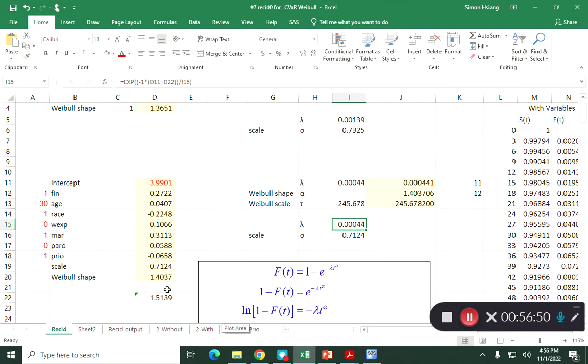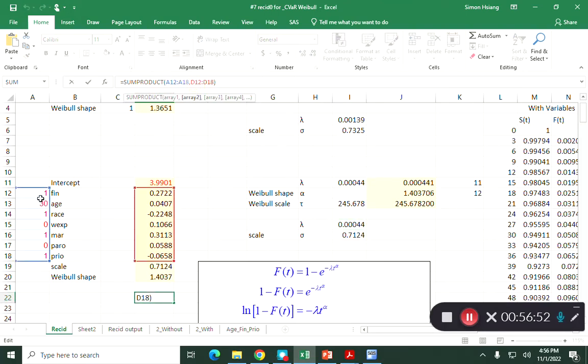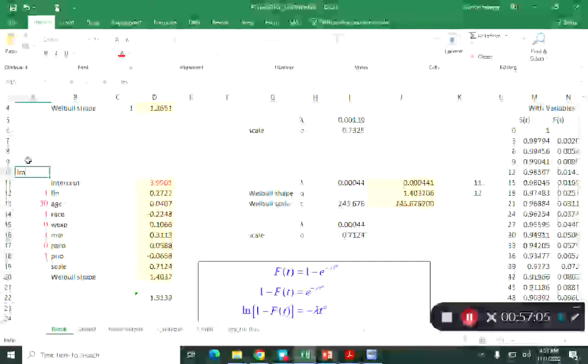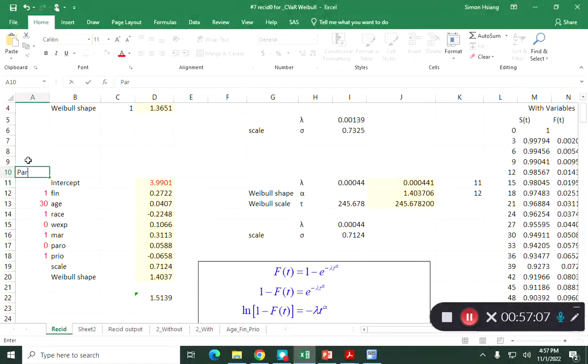That is every parameter times the covariate. Agree? So here, yeah, you can say that this is my linear predictor value.